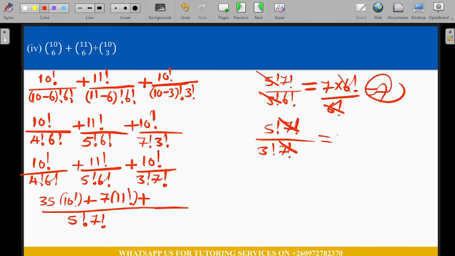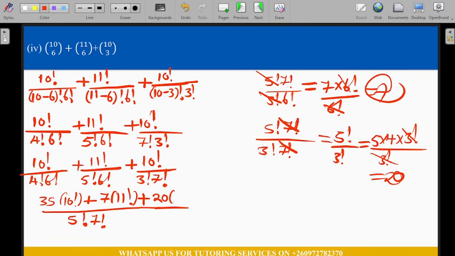So now we have 5 factorial over 3 factorial. So we can reduce 5 up to 3. So 5 times 4 times 3 factorial over 3 factorial. This and that cancel. We have a 20. So now it will be 20 times 10 factorial.